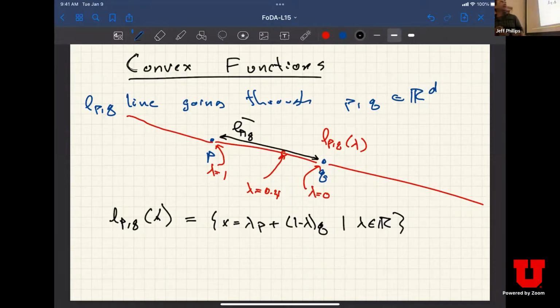What happens if lambda is negative? What happens if lambda is outside of 0 to 1?